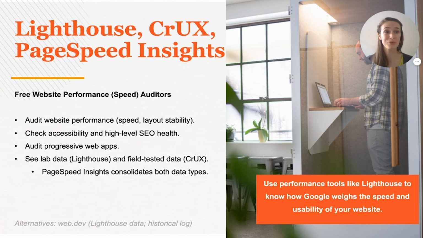But when it comes to site speed, these tools are definitely awesome and very in-depth. And you definitely need some sort of a performance monitoring and a performance auditor tool in your toolbox, because speed is just so important for SEO performance today.